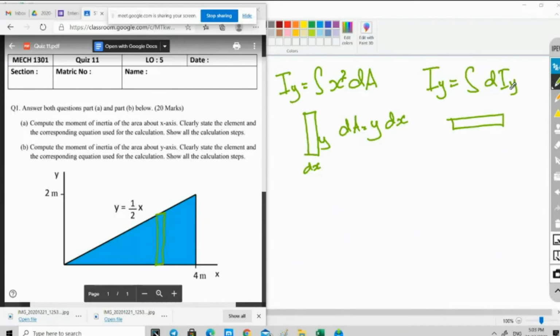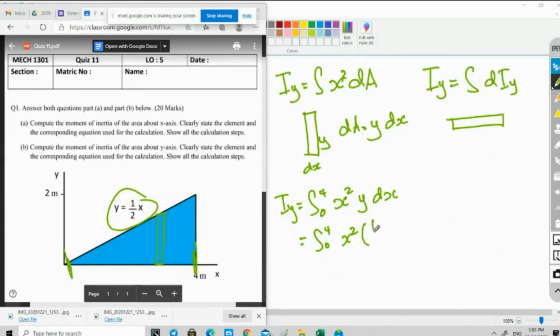From there, you plug in, so you get Iy equal to integration from 0 to 4, x square, and then y dx. You can replace y with this one, so from 0 to 4 x square, and then you have 1 over 2 x dx.